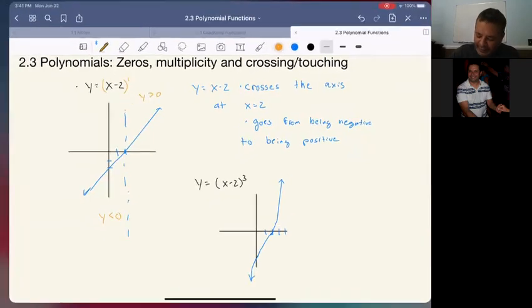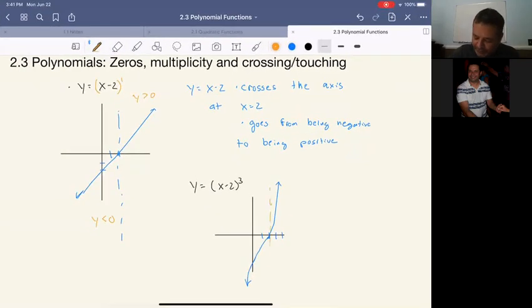Again, same things happening in that. After the line x equals 2, the graph is positive. Before the line x equals 2, the graph is negative. The same thing's going to happen no matter if I have an even or an odd power there.